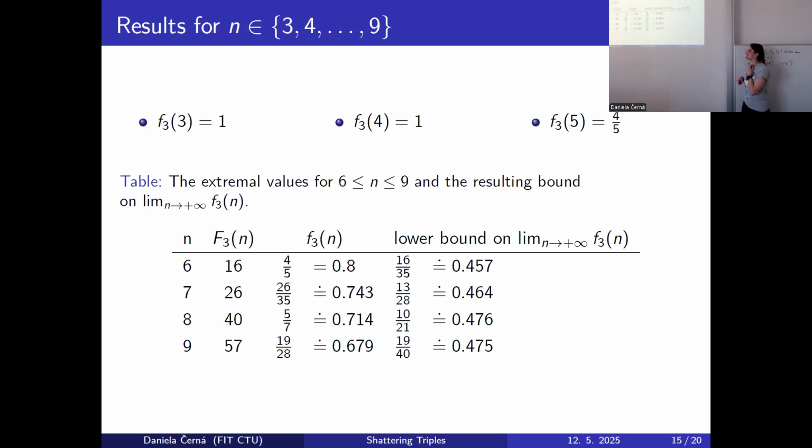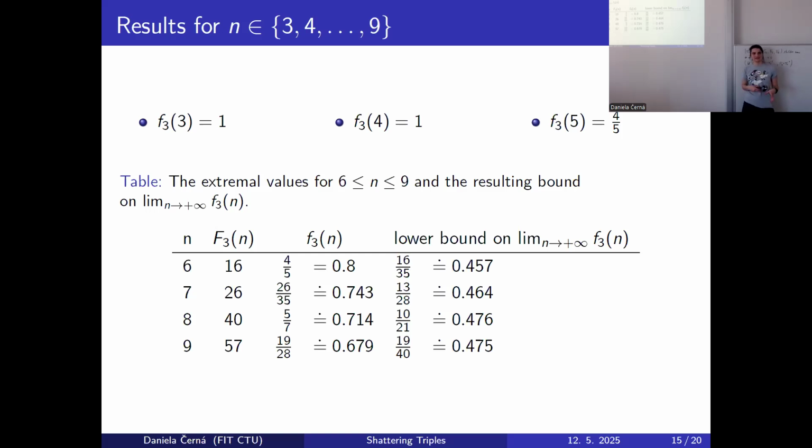And after that, we looked at the double counting argument I showed you in the proof of monotonicity. And we found out that if we want to get here 58 or 60, the permutations obtained by deleting one of the positions will have to shatter at least 39 in here.